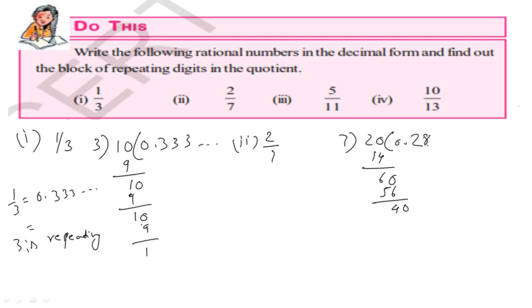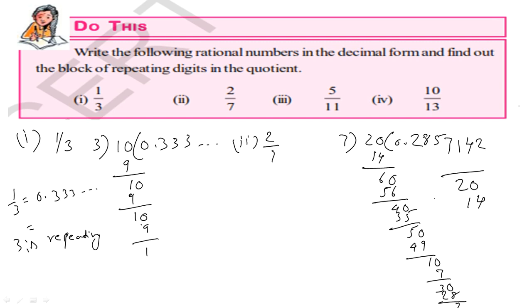And after that, 7 5s are 35, 5, 0 again, 7 7s are 49, 1, so again I have to put 0, 7 1s are 7, 3, again 0, 7 4s are 28, 30 minus 28 is 2, so it is 2 here. Okay, so 7 2s are 14 again, so it is repeating here.